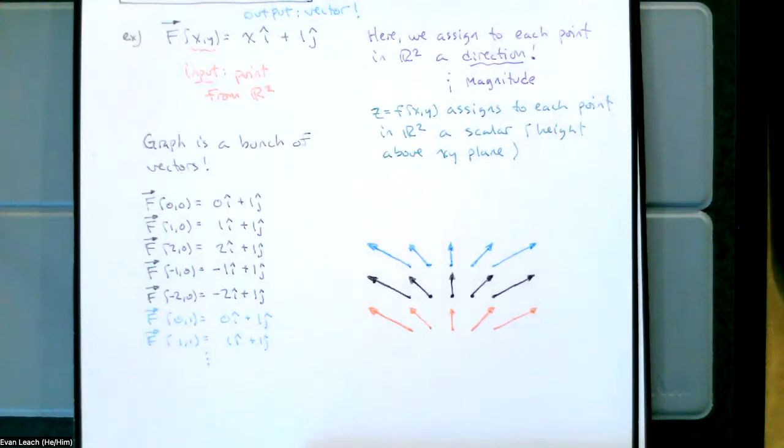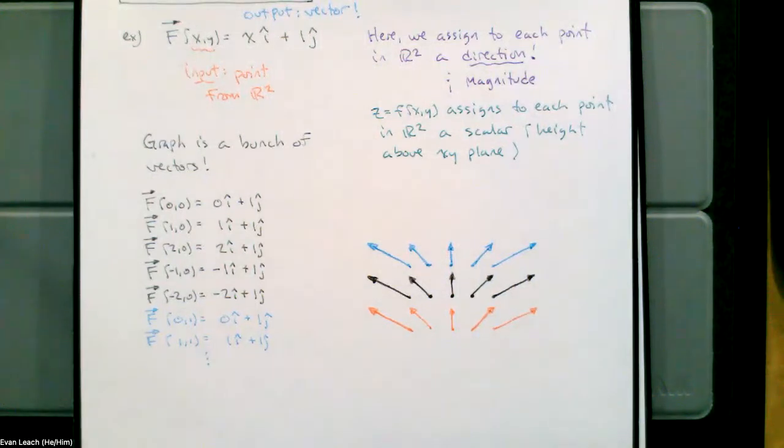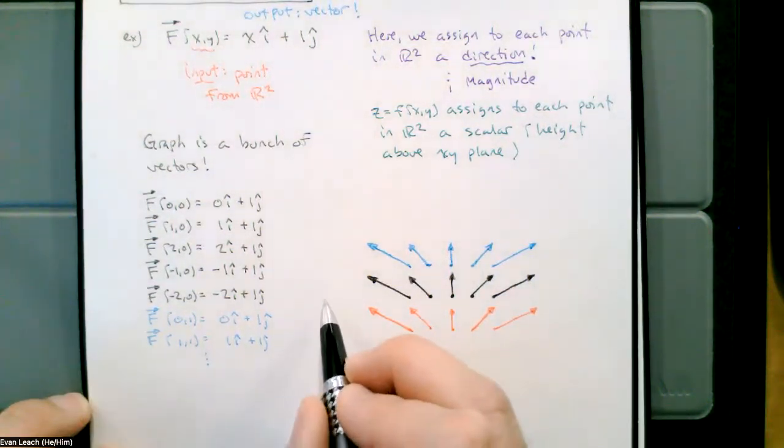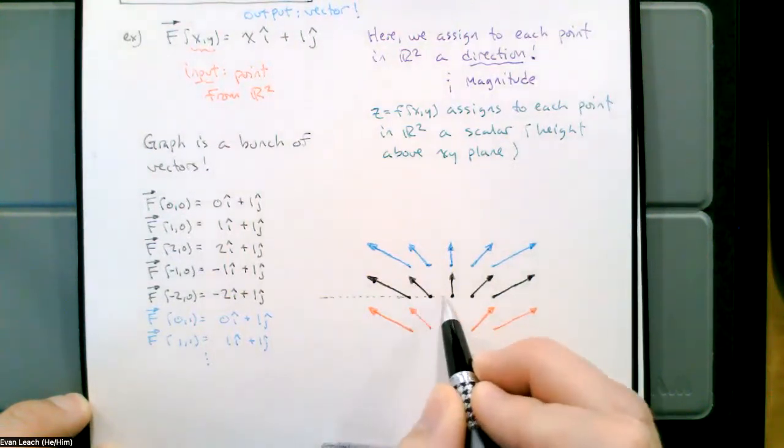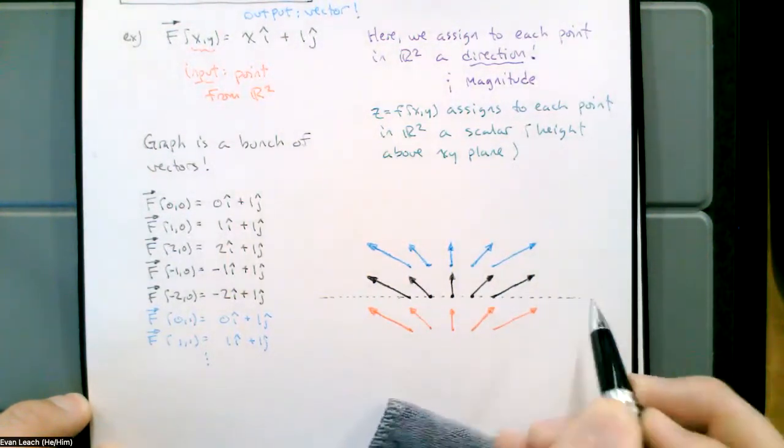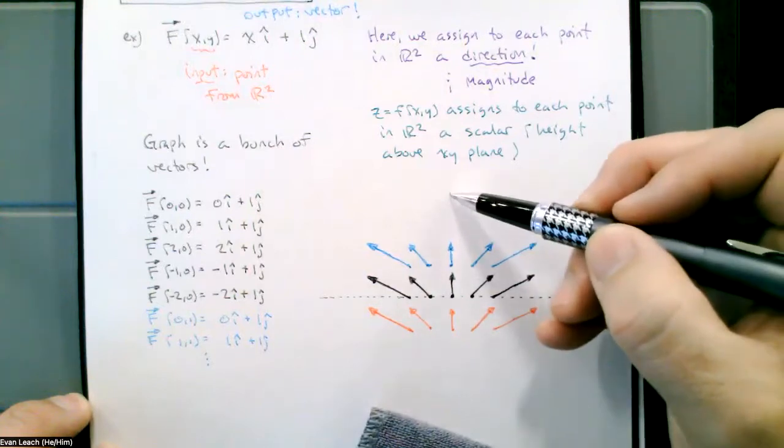And this is the reason that I picked this one to draw. But this is what the graph of this function looks like, where our x-axis is here, and here's our y-axis.